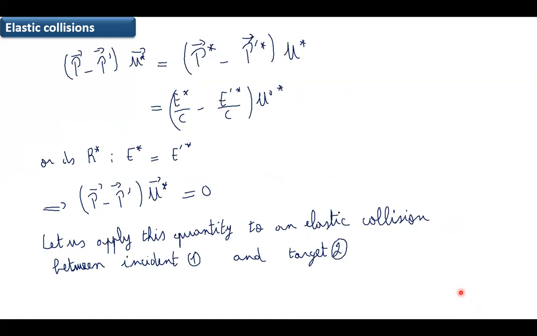Okay, so we have the 4 coordinates. We can find the quantity P minus P prime times U star. Of course, this is an invariant, so it is equal to P star minus P prime star times U star.